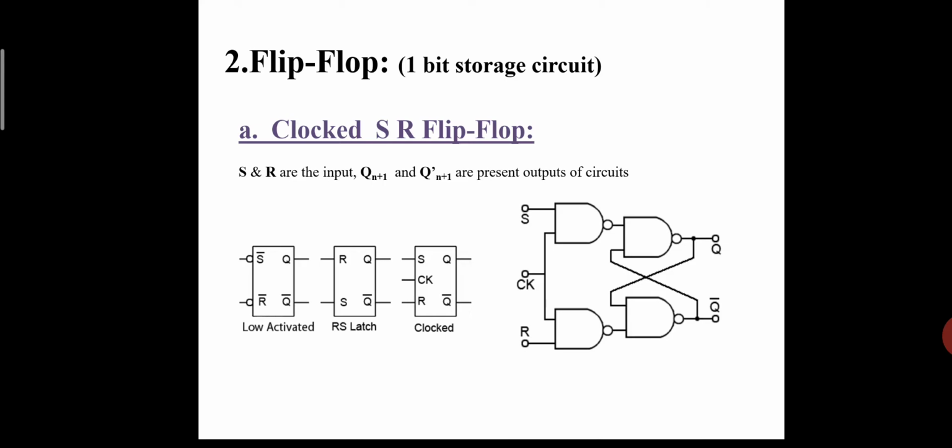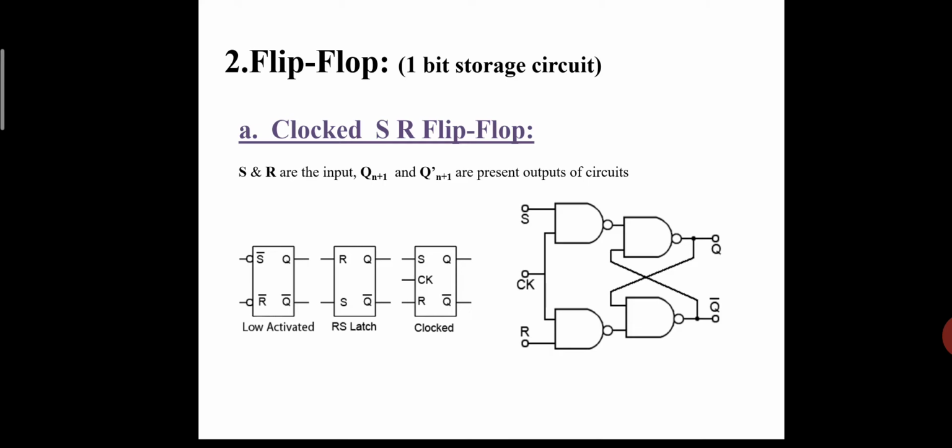So there are 2 types of triggering possible during the clocking of any flip-flop. That is level triggered and edge triggered, the 2 types of clocking signals for any digital circuit.